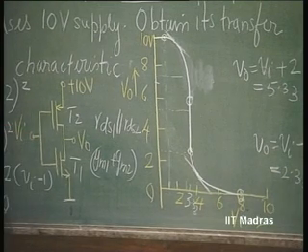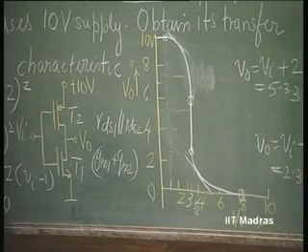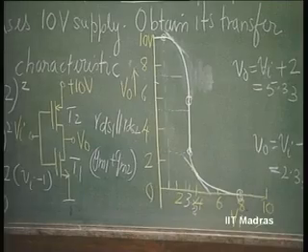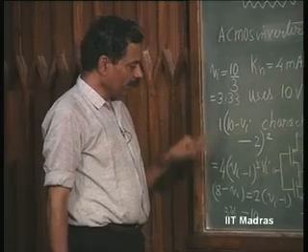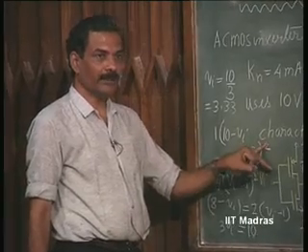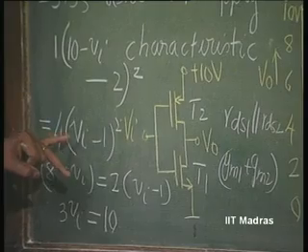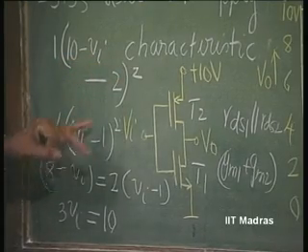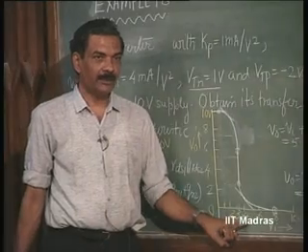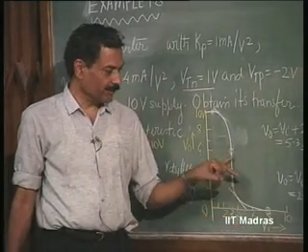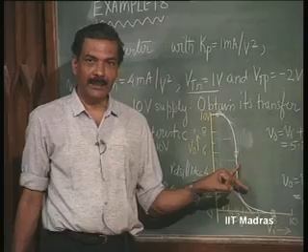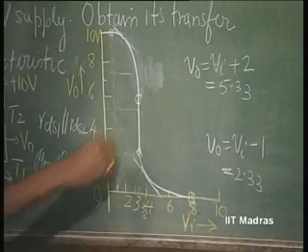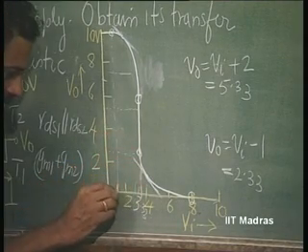Now, you can see that the current under this situation is given by 1 into (8 minus Vi) whole squared, or 4 into (Vi minus 1) whole squared, with Vi equal to 3.33. That is the maximum current that will flow in a CMOS inverter, and gradually it will go to 0 on either side. This is the point where the current is going to be maximum.